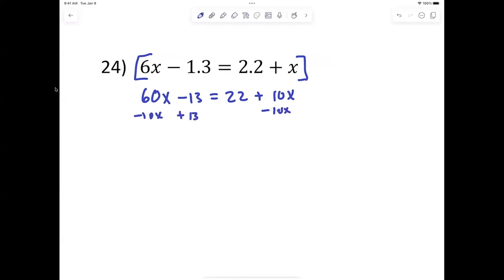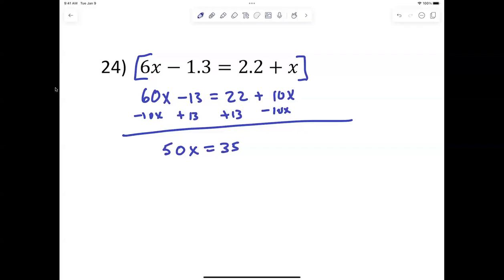Add 13. Do we agree 50x equals 35? Divide by 50. Seven over 10. Are we okay with that?